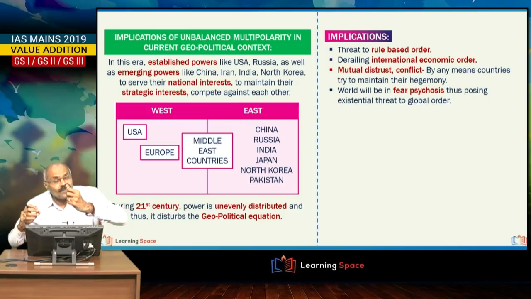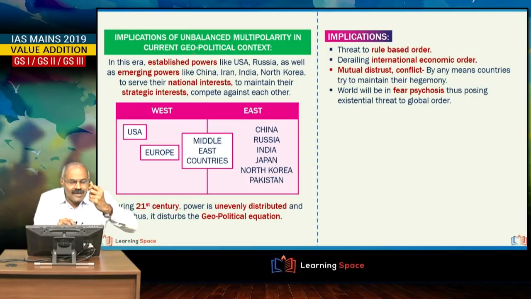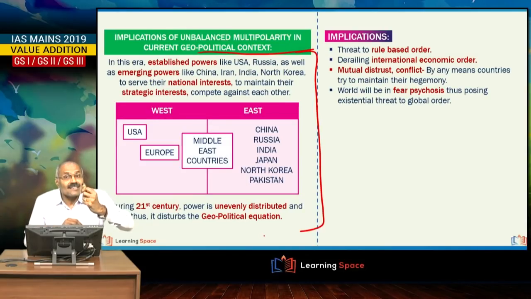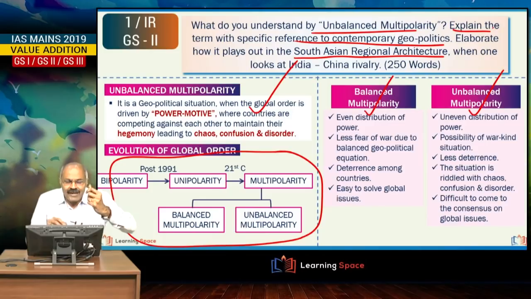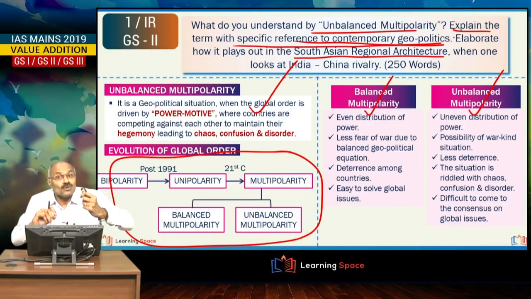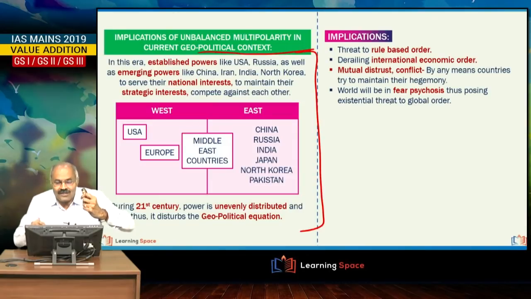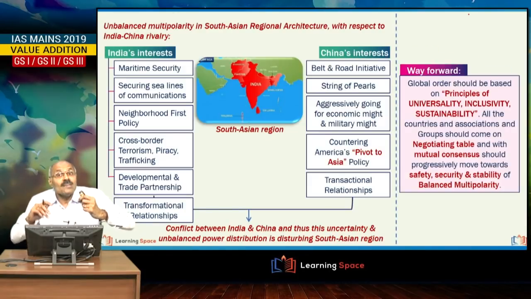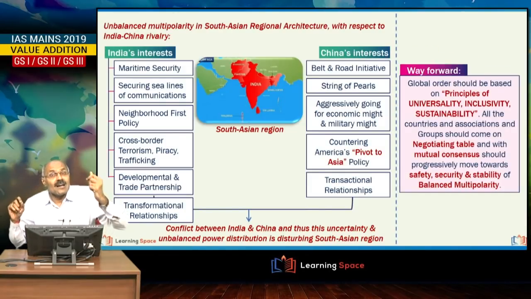Next issue is here, what are the implications of unbalanced multipolarity in the current geopolitical context? Here you see, explain the term with specific reference to contemporary geopolitics. Here, what are its implications and how does it play out in the South Asian regional architecture?